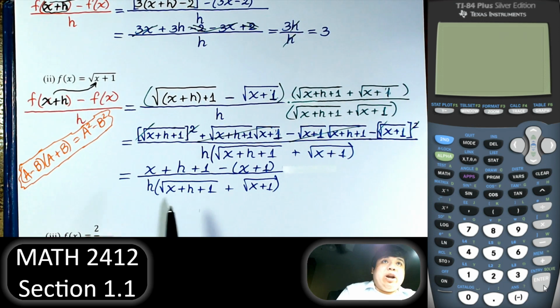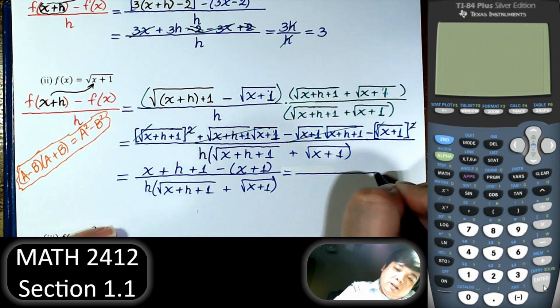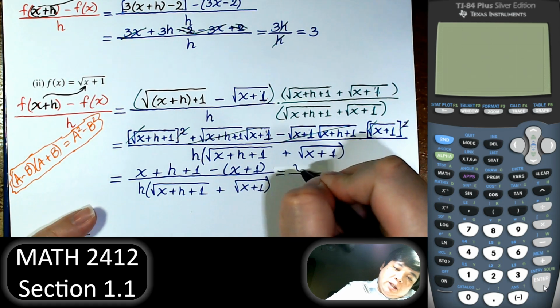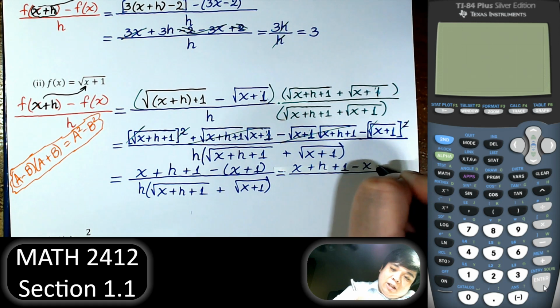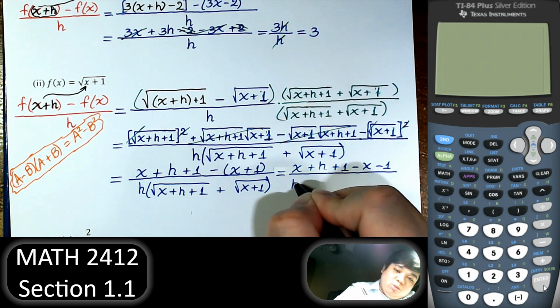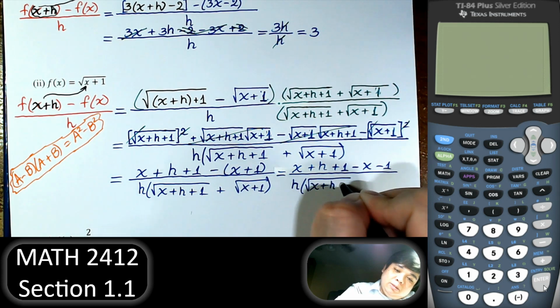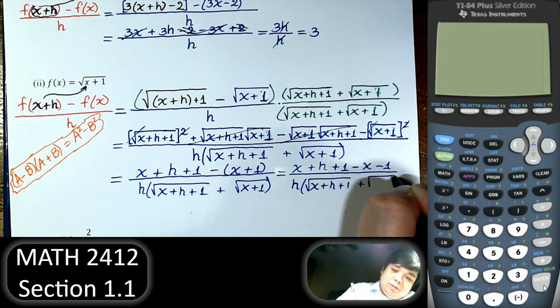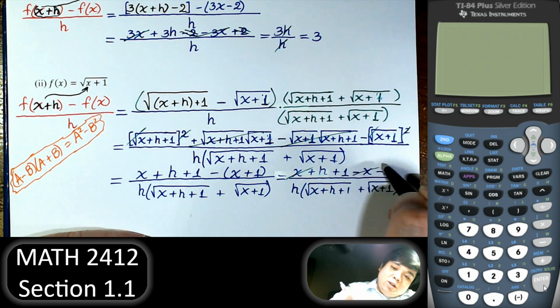Right, now we can remove the parentheses: x plus h plus 1 minus x minus 1. The bottom we don't multiply out. We have x cancel with x, 1 cancel with 1.